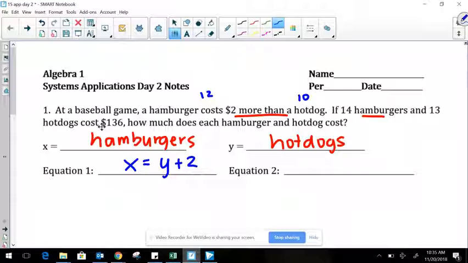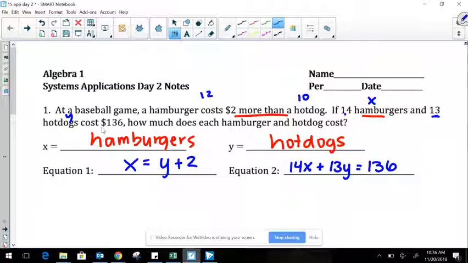So since X is hamburgers, Y is hot dogs, I'm going to multiply this 14 and X. So 14 times X. And then I need to add in my hot dog cost. So that's 13 hot dogs times the money, Y. And this equals this total cost for both.